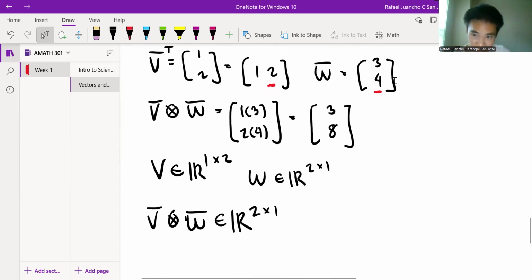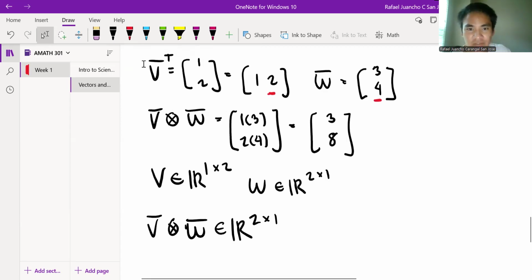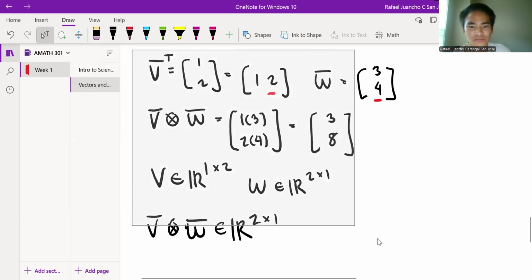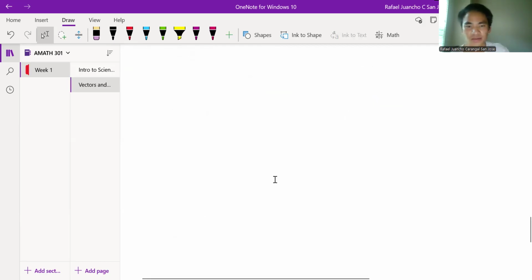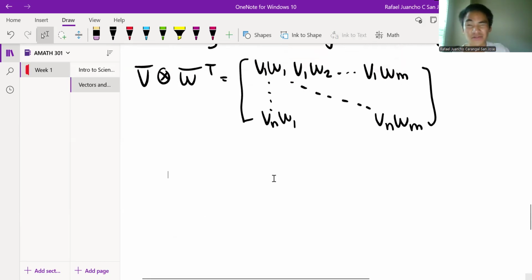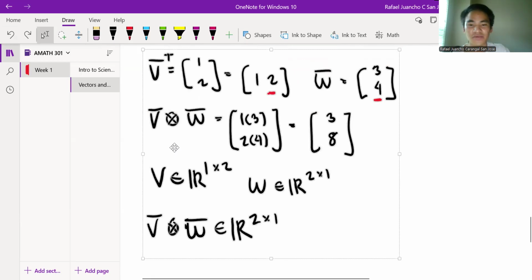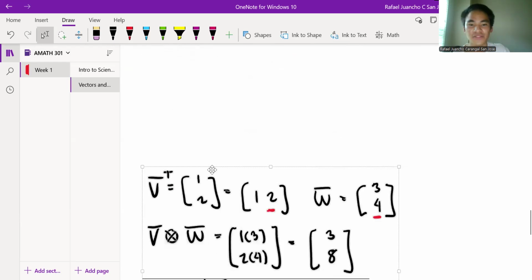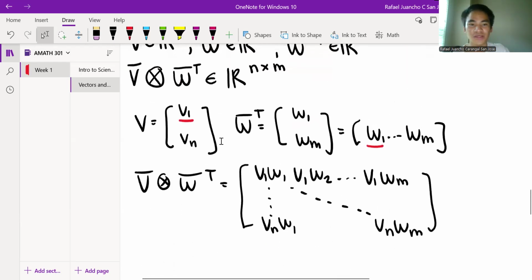Nice. Wait, did I get that right? Oh no, this one's different because I transposed it. Okay. Maybe I shouldn't have erased that. Scrap it. I'm not going to put it down here just in case. This is what I'm going to do next.